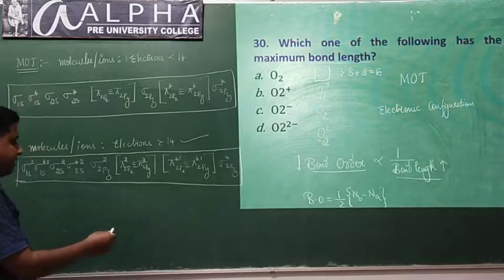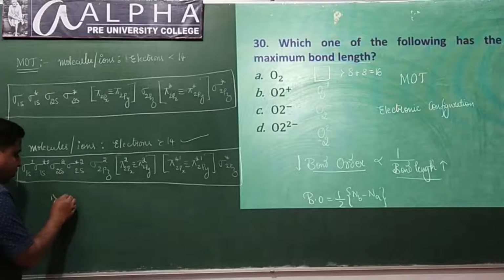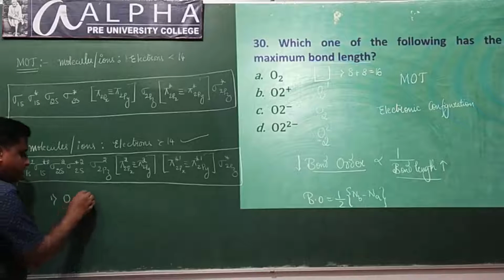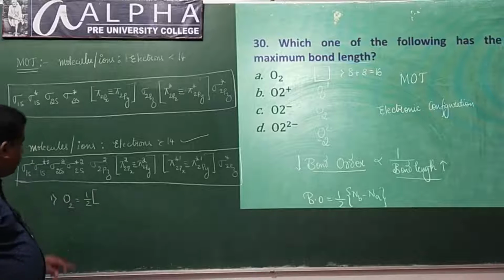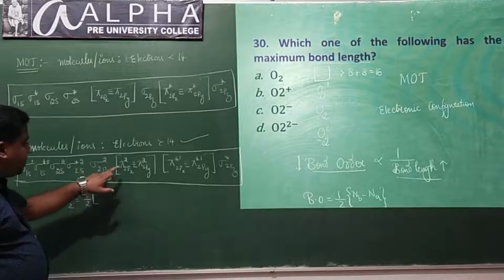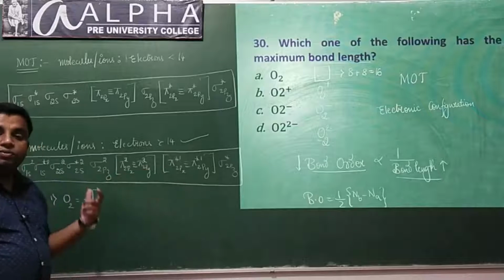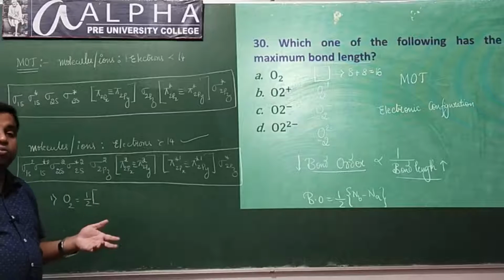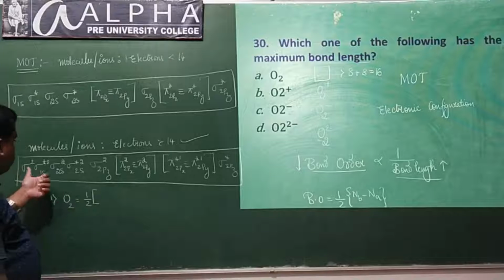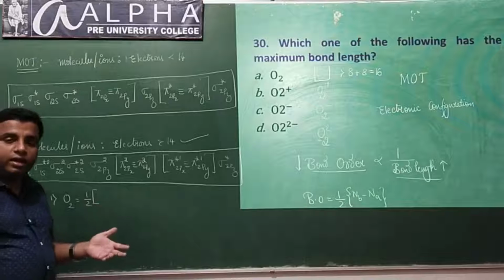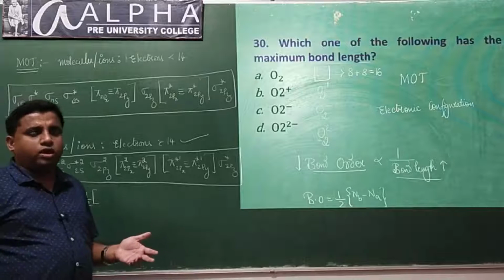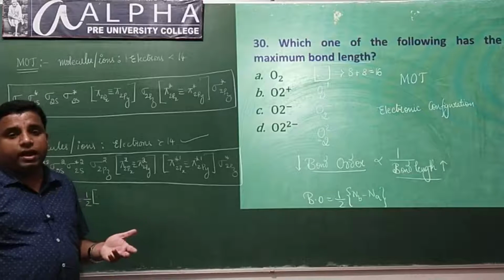So shall we calculate the bond order of O2? Bond order of O2 is equal to half of number of bonding electrons minus number of anti-bonding electrons. Star represents anti-bonding orbitals, and without star represents bonding orbitals. Bonding orbitals will have bonding electrons, anti-bonding orbitals will have anti-bonding electrons.